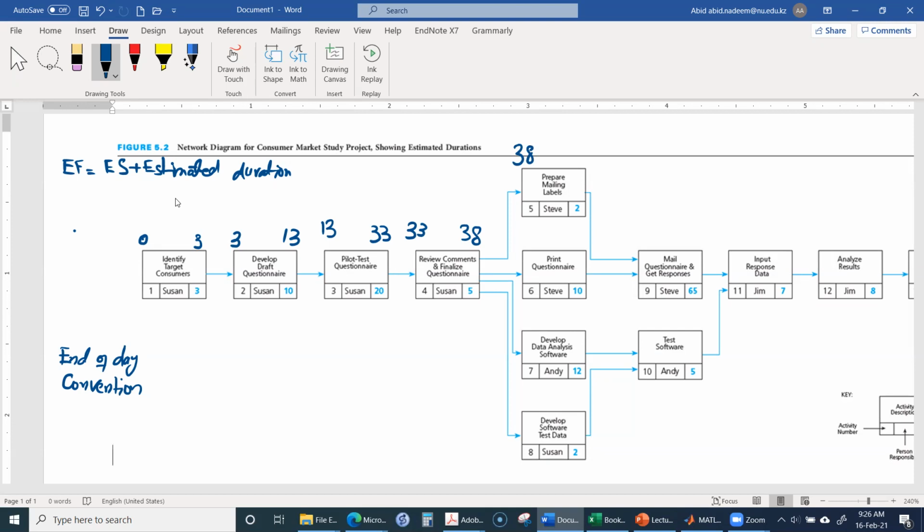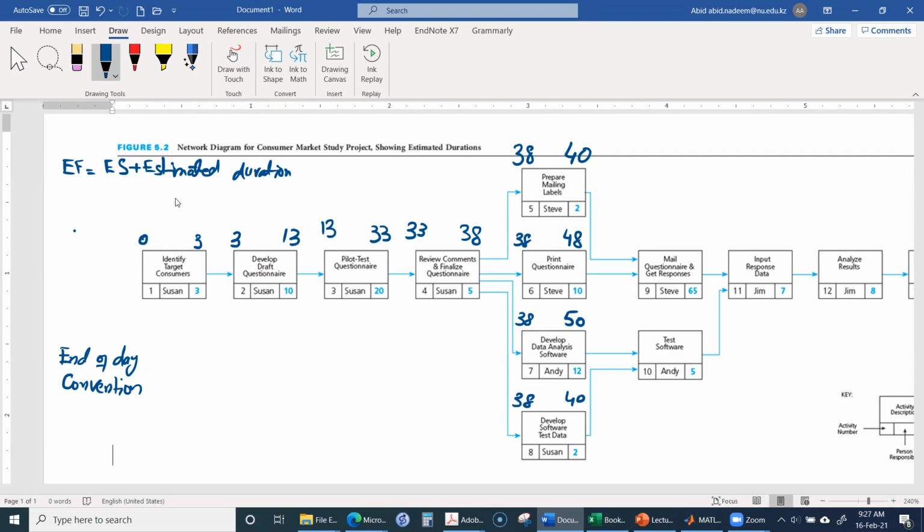Because all of the activities are starting simultaneously, but each of these activities has a different duration, the finish times will be different. So it will be 40 here, 48, 50, and 40.